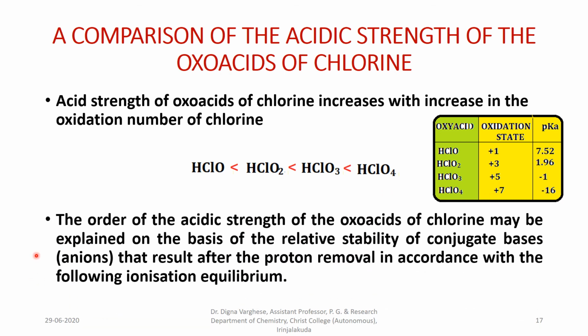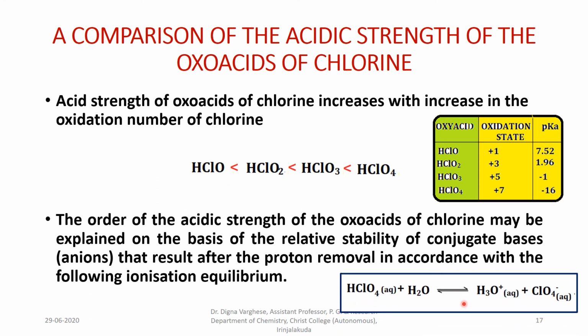The order of the acidic strength of the oxoacids of chlorine may be explained on the basis of the relative stability of their conjugate bases that result after the proton removal, in accordance with the following ionization equilibrium. That is, the conjugate base is formed by the ionization reaction.